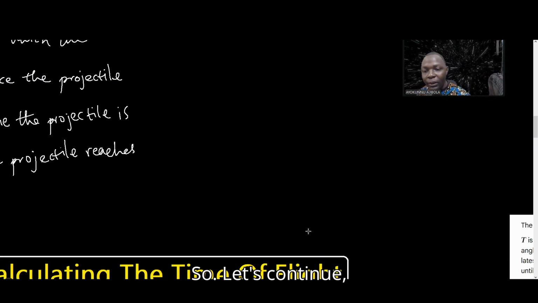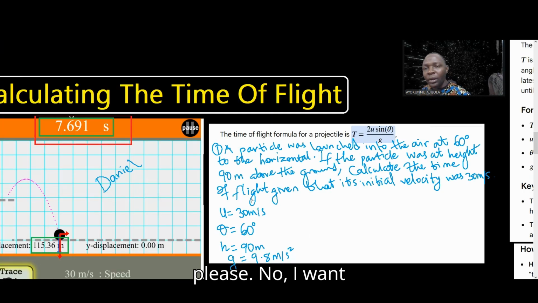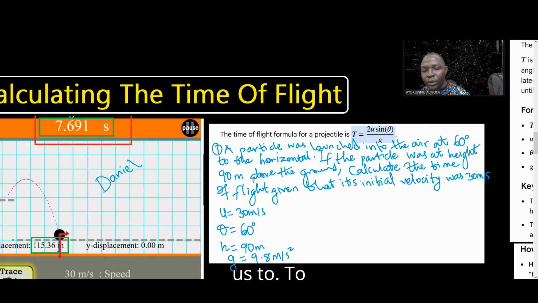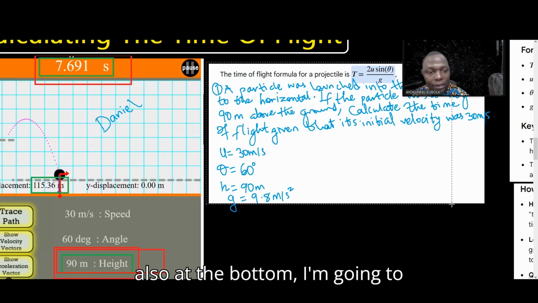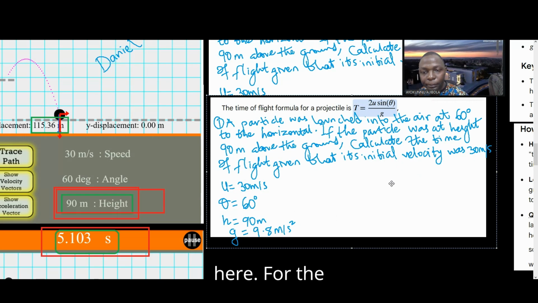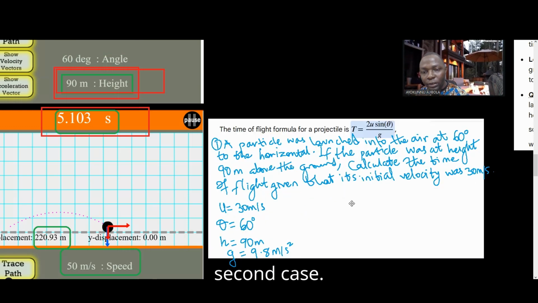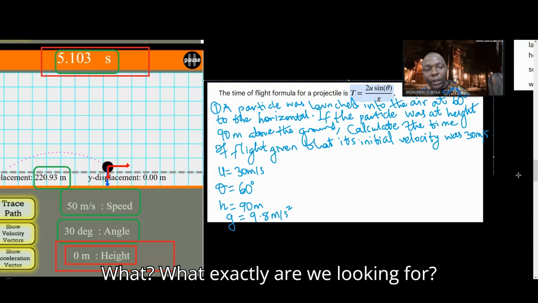So let's continue, please. Now, I want us to check this question and the second case also at the bottom. I'm going to duplicate this and change some parameters there. For the second case, what exactly are we looking for?